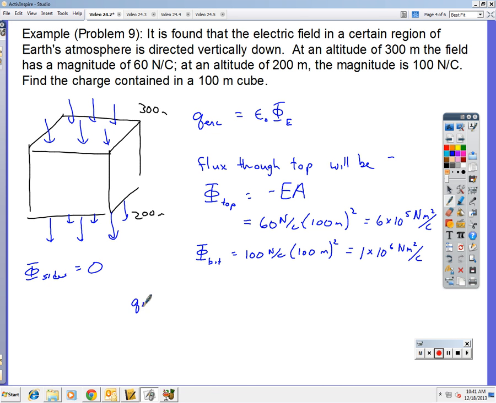And so the enclosed charge is equal to epsilon 0, which is 8.85 times 10 to the negative 12th coulombs squared per Newton meter squared, times the total flux.